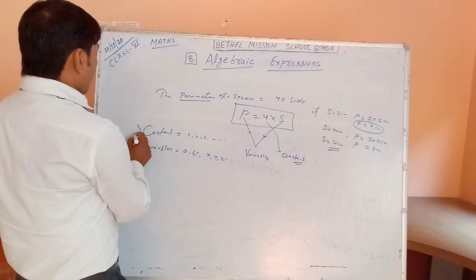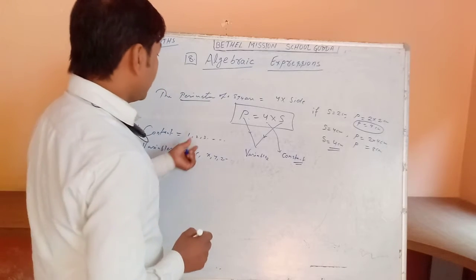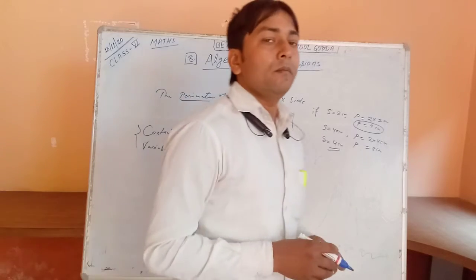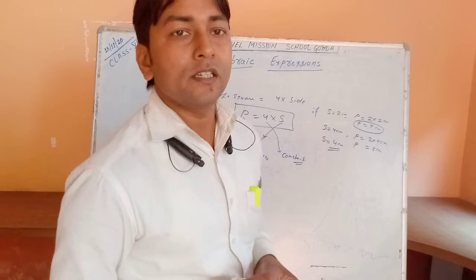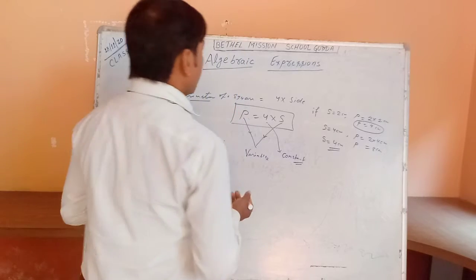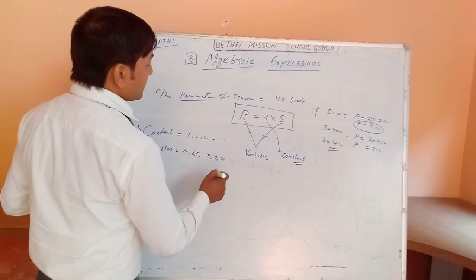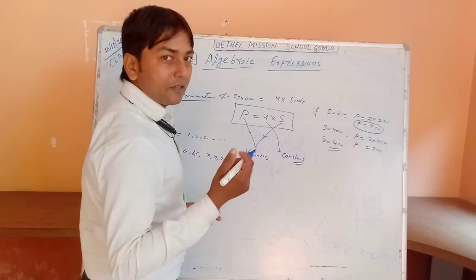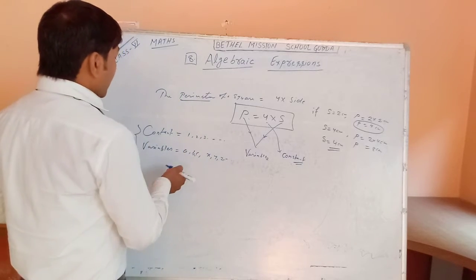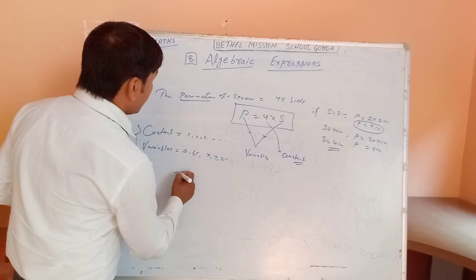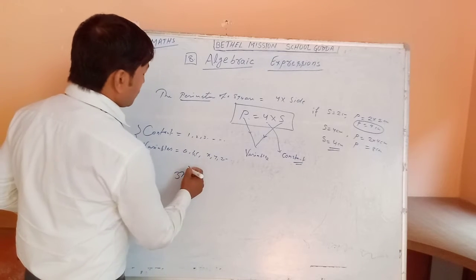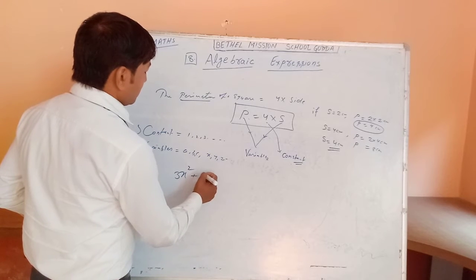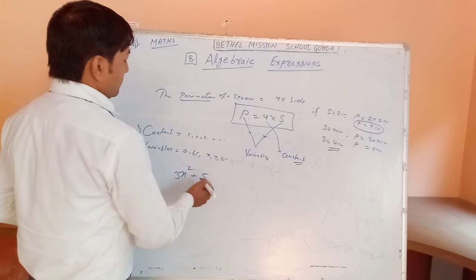Now, when we use these two terms with some arithmetic symbols, meaning plus, minus, multiplication, division symbols. Suppose 3x square plus 5.